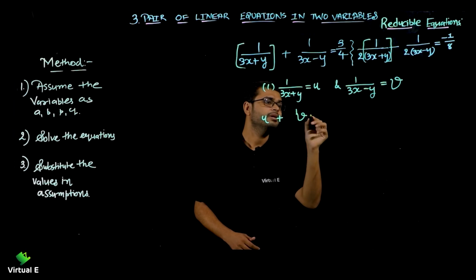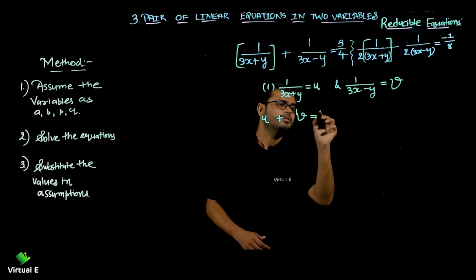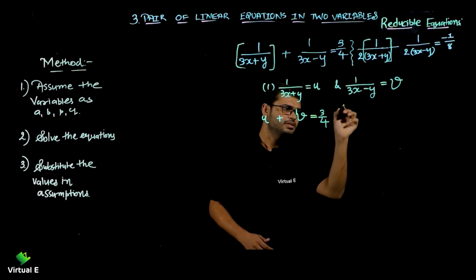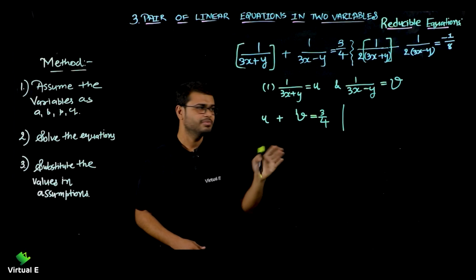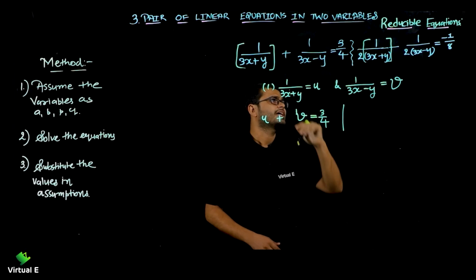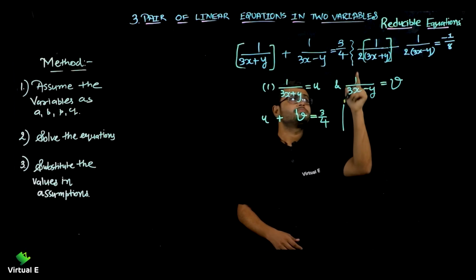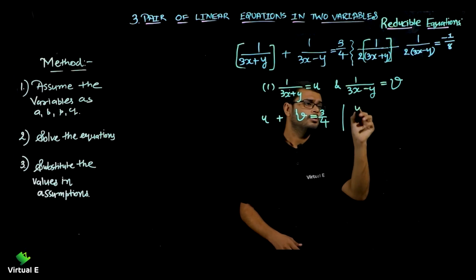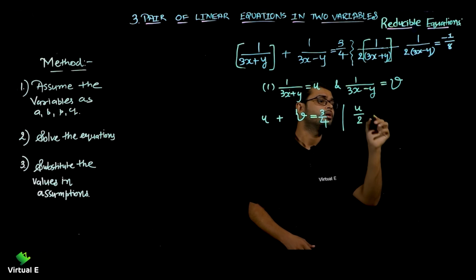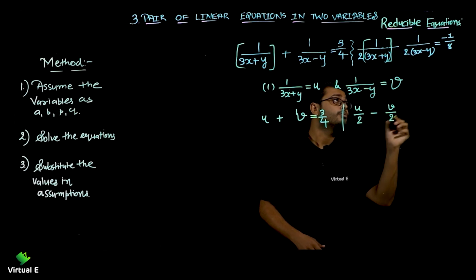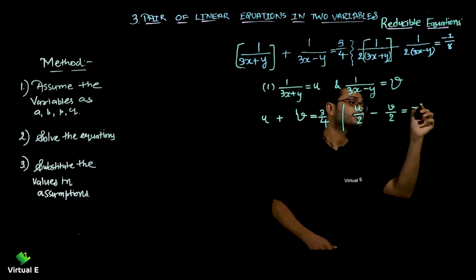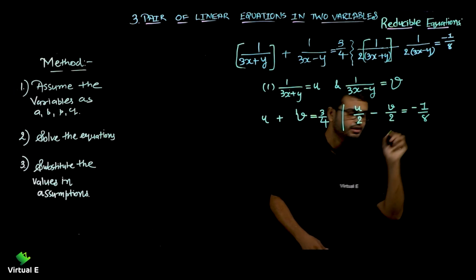So that will be v, and 3 over 4 as it is. No change on the RHS because it is only numbers. Let's do the second equation. That will be u over 2 minus v over 2 is equal to minus 1 over 8.